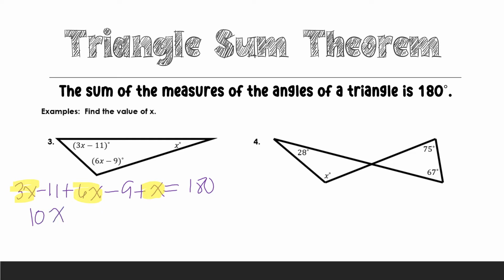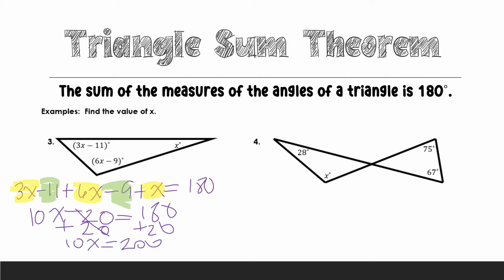Then I'm going to look at my constants. Negative 11 minus 9 is negative 20, equals 180. We're going to add 20 to both sides. So 10x equals 200. We're going to divide both sides by 10, and so x is going to be 20.